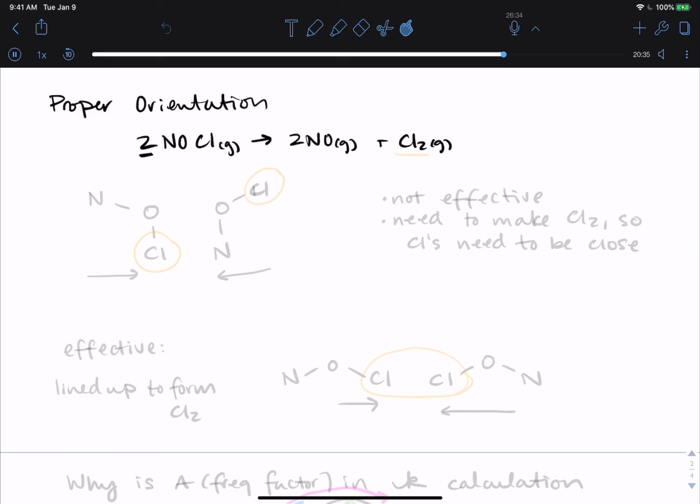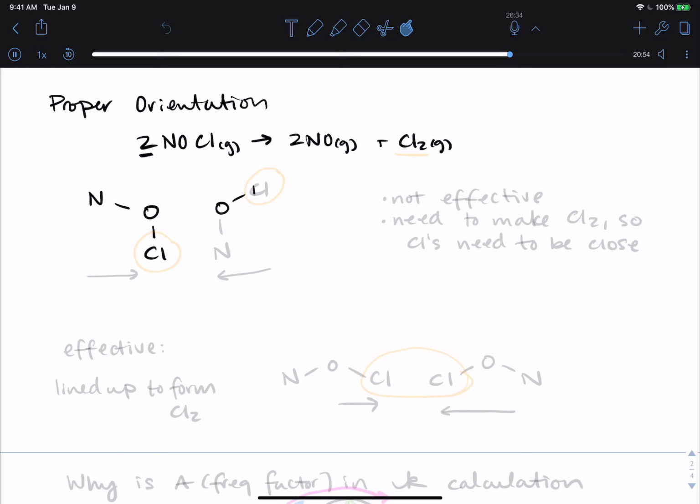My skeleton structure, I'm not going to draw a full Lewis structure for something like this, is N connected to O connected to Cl. And I have 2 molecules of this.